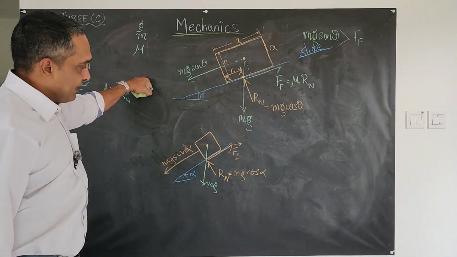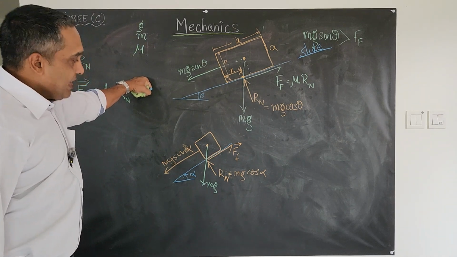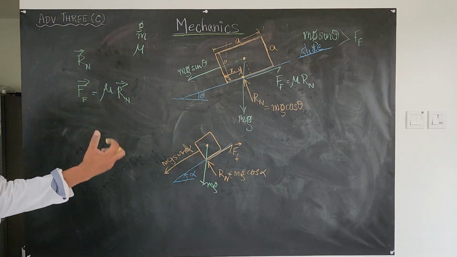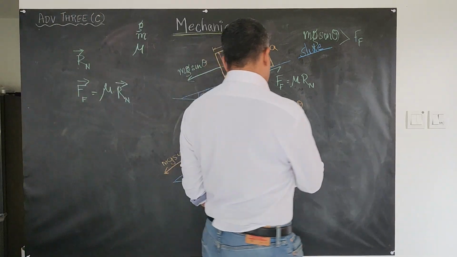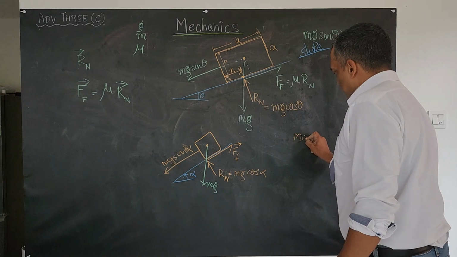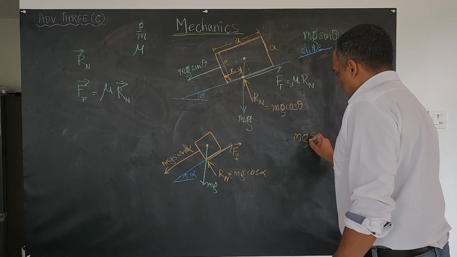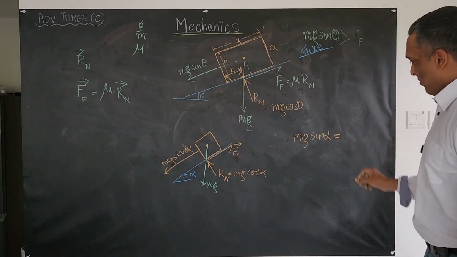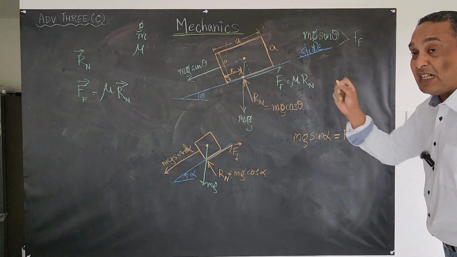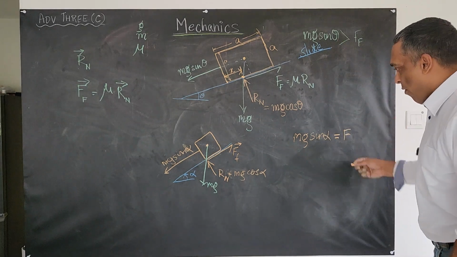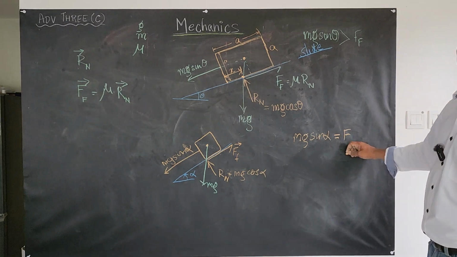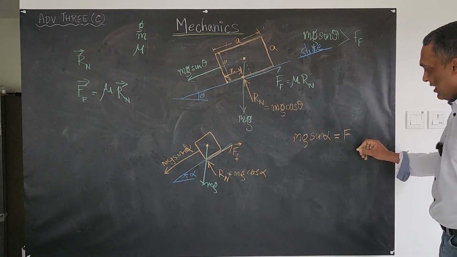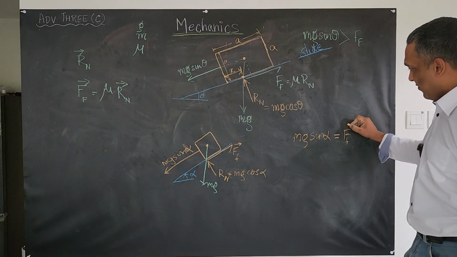Now what happens? Yes, you've got a solid amount of friction. It's very rough. mg sine alpha is only equal to the frictional force. Remember, until we beat friction, we're always equal to. We're never less than, because friction automatically adjusts itself downwards, right? We're less than or equal to the frictional force.